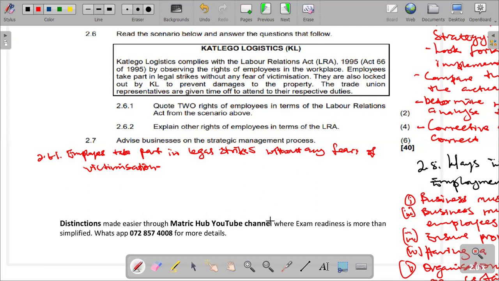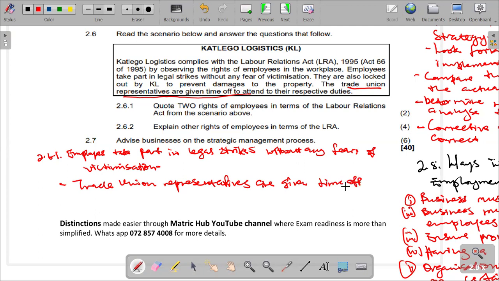We also say trade union representatives are given time off to attend to their respective duties.